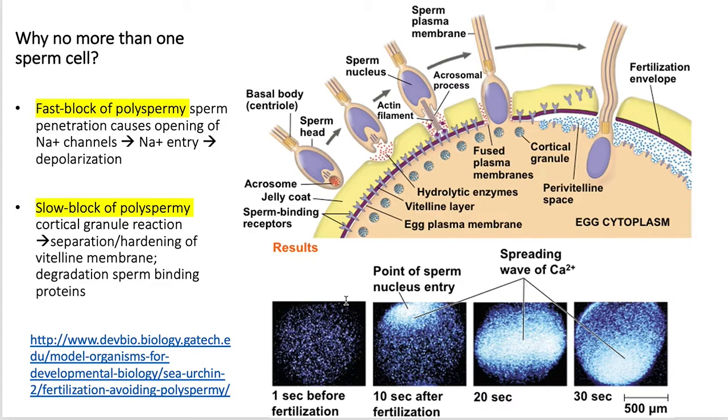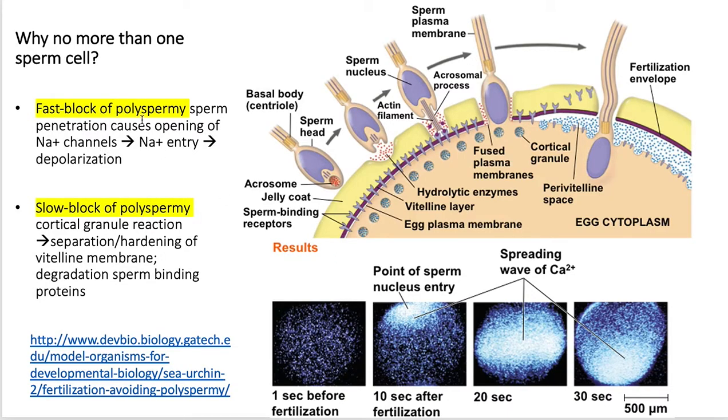There's a lot more information on this slide than I really want you to know. I'm going to first say that there are two mechanisms that are thought to be involved, or known to be involved, in affecting the ability of sperm to penetrate the egg after the first one has made contact with it.